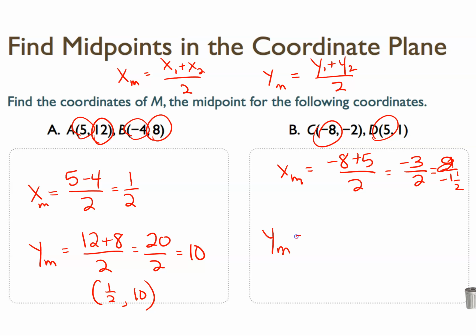Y, the middle, equals -2 plus 1 divided by 2. -1 plus 1 is -1, -1/2. So this point, we'll just go with -3/2 and -1/2. All right, simply add up the ends, divide by 2, and that equals the middle.